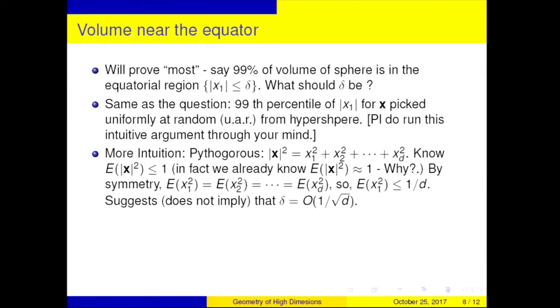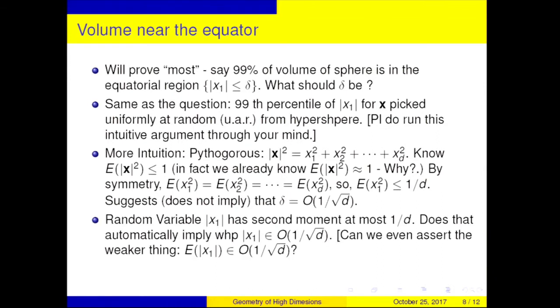So that suggests that delta, which is the absolute value of x1 without the square, could be order 1 over root d, but we want that to hold with high probability. That's only expectation, right? These were expectations. It doesn't imply high probability automatically. That gives you an intuition. By the way, even though, let's go through this.